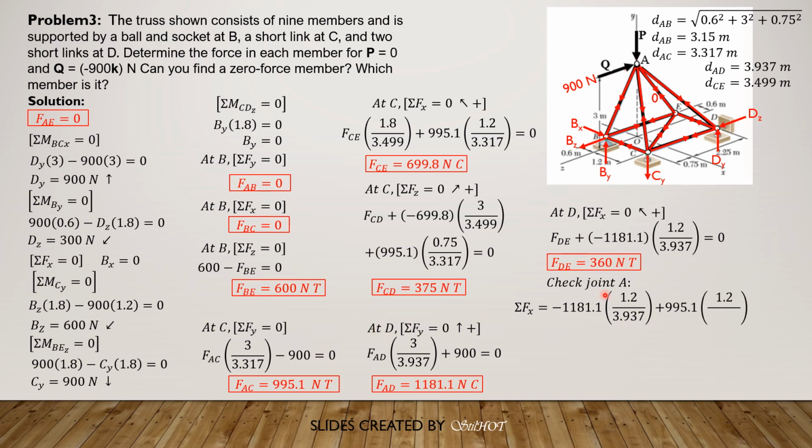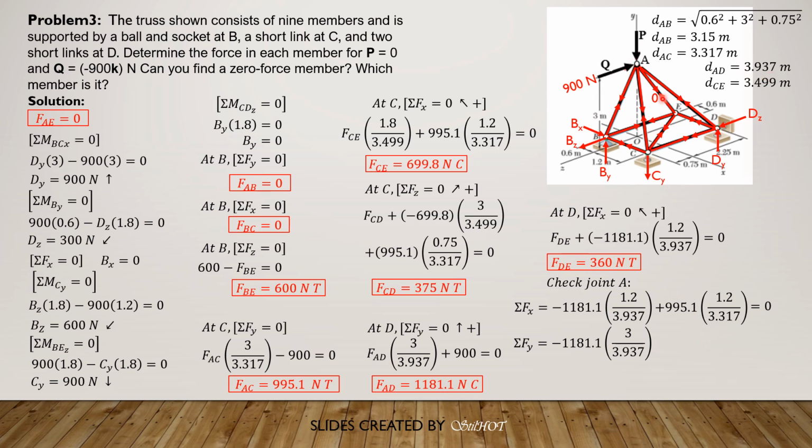Then let's check and verify these answers by considering joint A. So at A, summation forces X equals: we have FAD first, negative 1181.1 times 1.2, the x component of distance, divided by distance 3.937, then plus FAC.